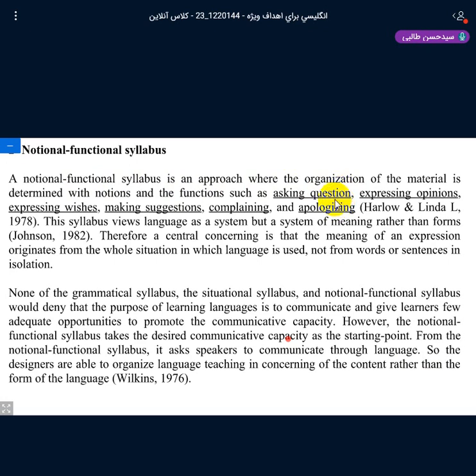Therefore, they create the situation. They consider functions for language and provide the learner with dialogues or discourse or text that show the exact use of language in real communication. Therefore, I just wanted to focus on these two lines.